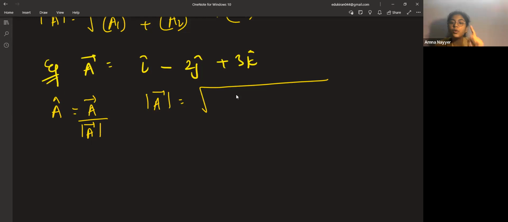When I want to find out the magnitude of this, first I have to take the square of the coefficient of I cap, right? Under root I have kept A1 square. Abdullah, what is the coefficient of I cap?